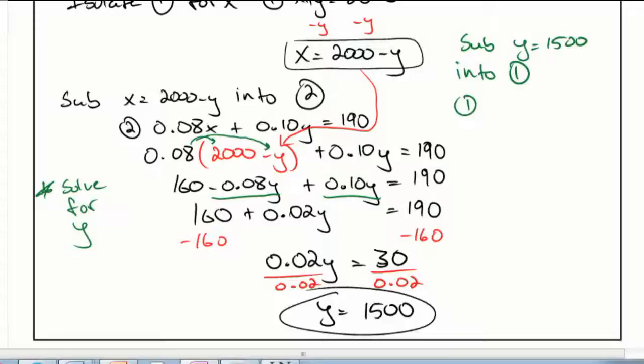So equation number 1 was x plus y was 2000. I'm saying y is 1500, so I'm going to get x plus 1500 is equal to 2000. I'm going to subtract 1500 from both sides.